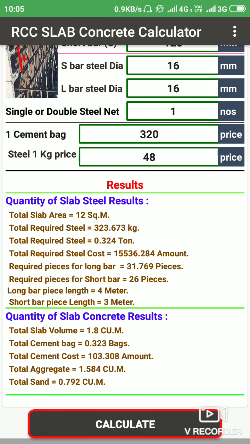Result: simply get total slab area of 12 square meters. Total requirement of steel is 323 kgs. Total requirement of steel in tons is 0.324 tons. Steel cost, then again long bar, short bar, required prices, lengths, everything you get in one click.